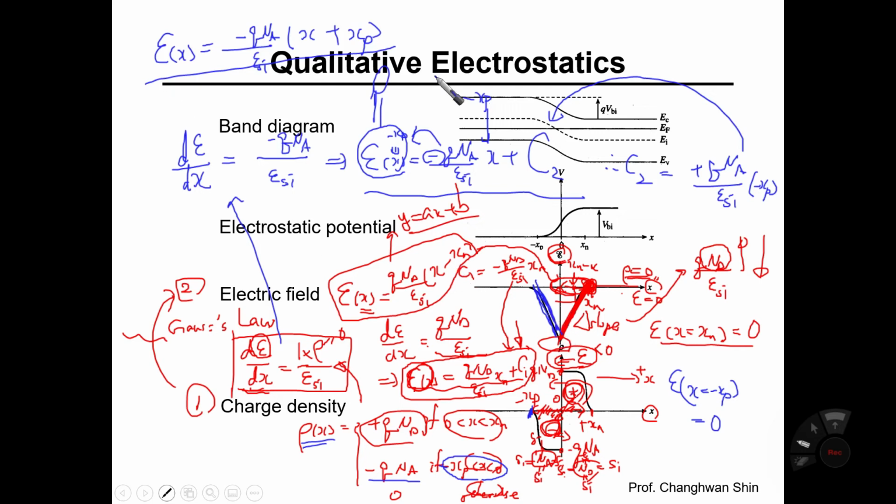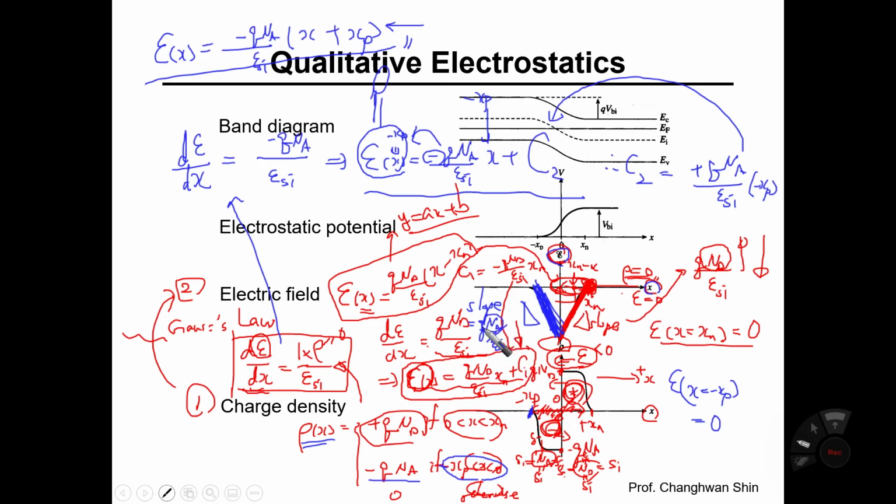If you draw this equation in the E versus X plot, you're going to get this straight line. Then the question is the slope. This slope is a function of q times Na divided by epsilon silicon.